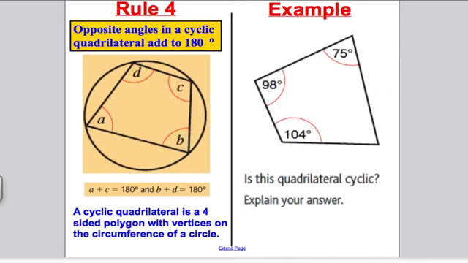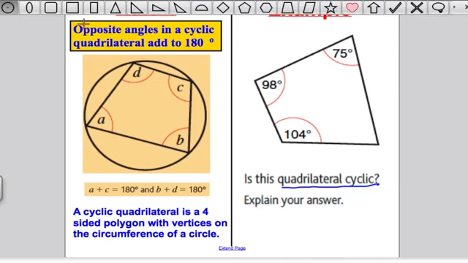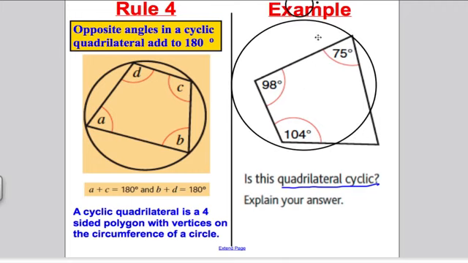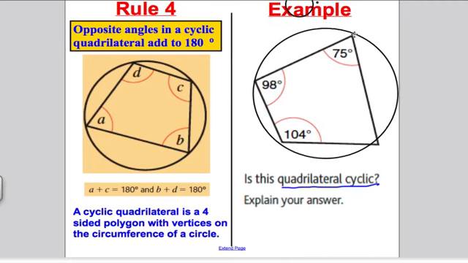And let's just take a look at another type of question with this rule. Opposite angles in a cyclic quadrilateral add to 180. Here's a question, it shows us a quadrilateral. It asks us, is this a cyclic one? I.e., could I draw a circle around this so that each corner was on the edge of a circle?